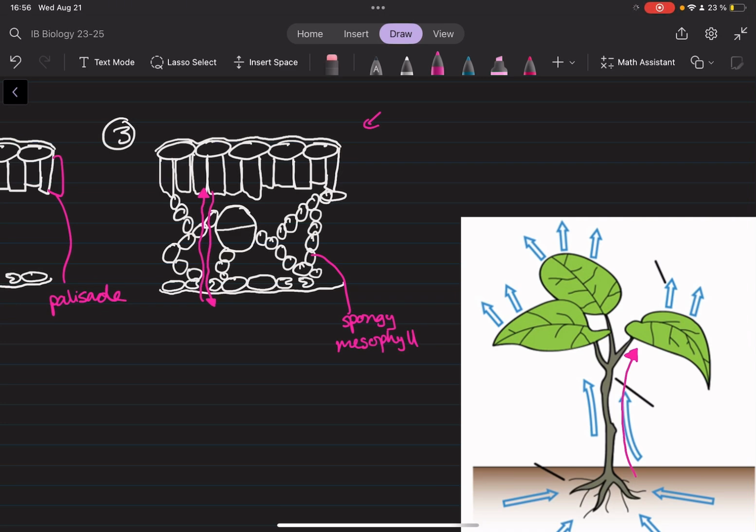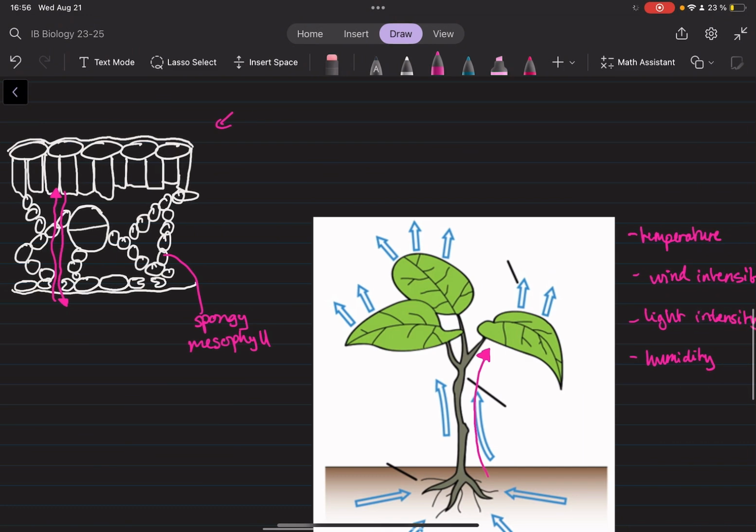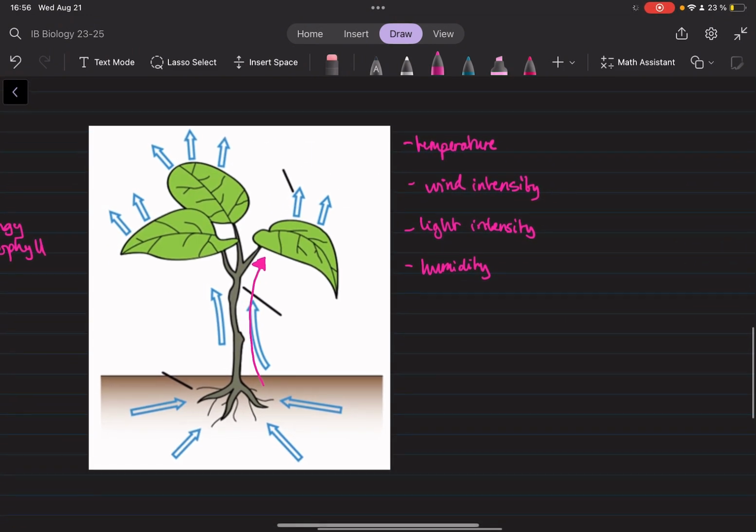So more stomata will open, and they will open for longer, because the plant needs that gas exchange to happen for more photosynthesis. But the opening of the stomata will also cause more water vapor to leave from the leaf.